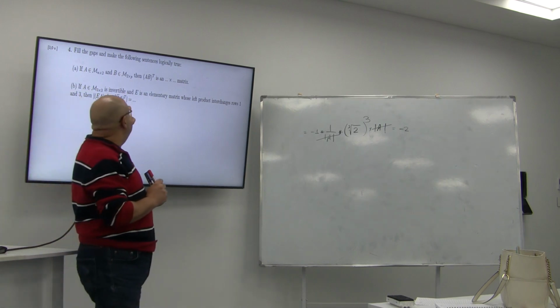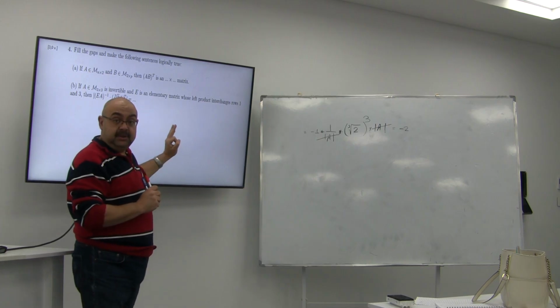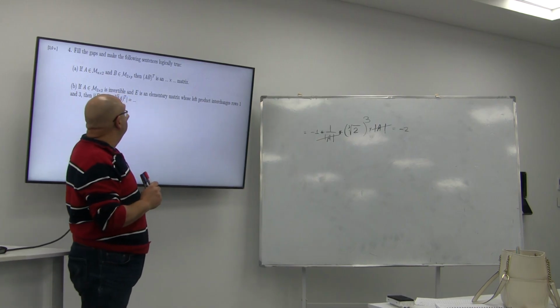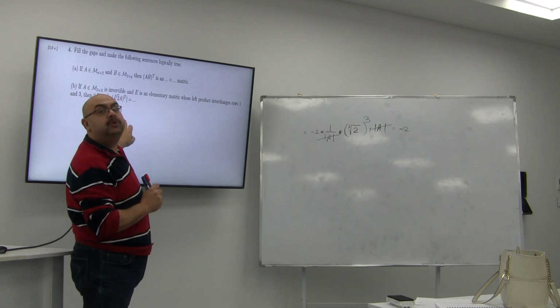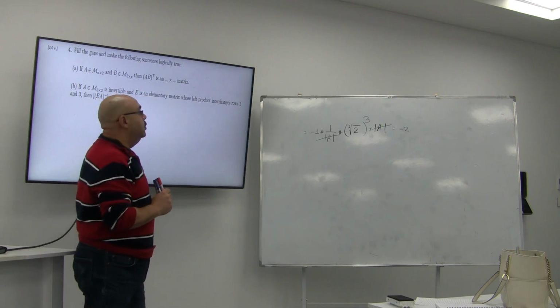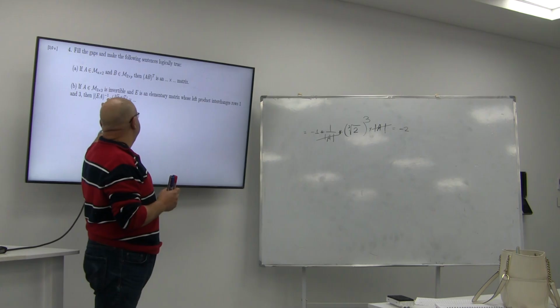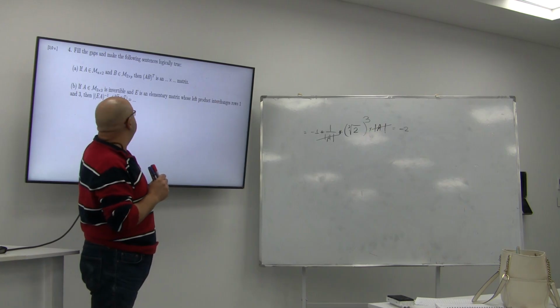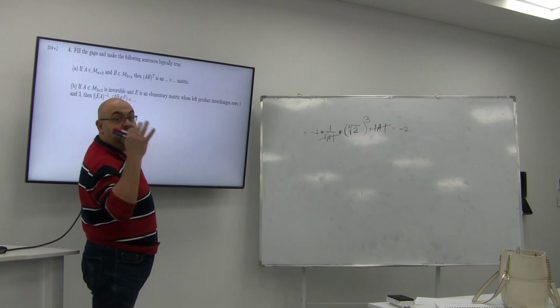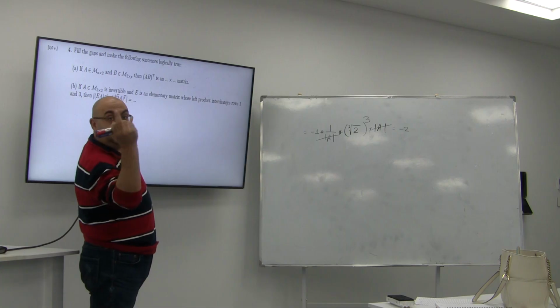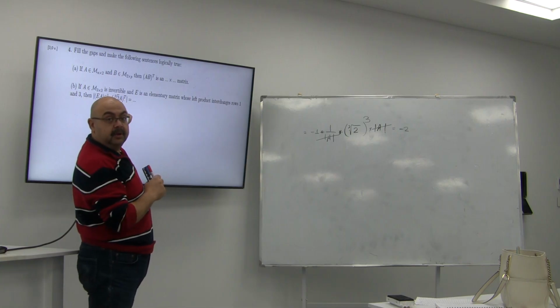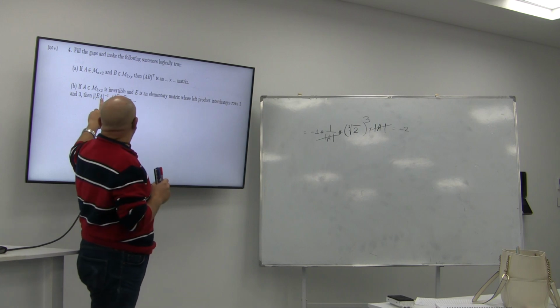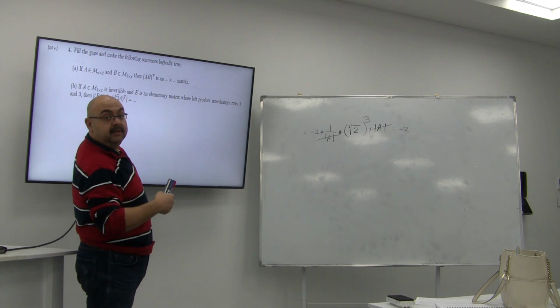So, if you have a 3 by 3 matrix, it means you multiplied the cubic root of 2 in the 3 rows. Okay? So, what I did is I've kept this value as it is, so the effect of this value with respect to the determinant will equal the cubic root of 2 to the power of 3, which is the number of rows. You are taking it as a common factor from each row, leaving you with the determinant of A that could be easily cancelled with the determinant of 1 over A.